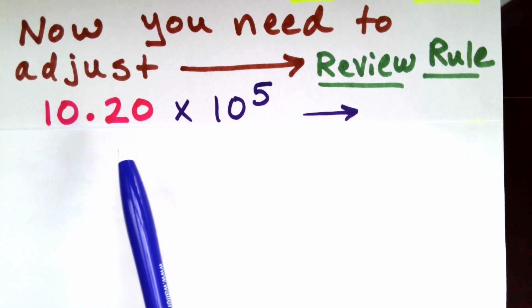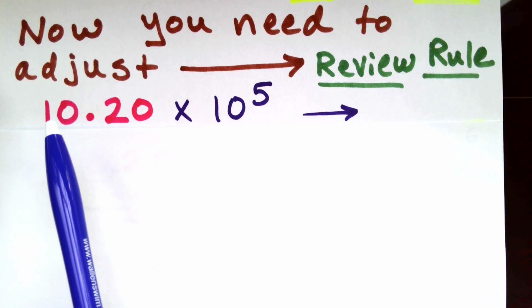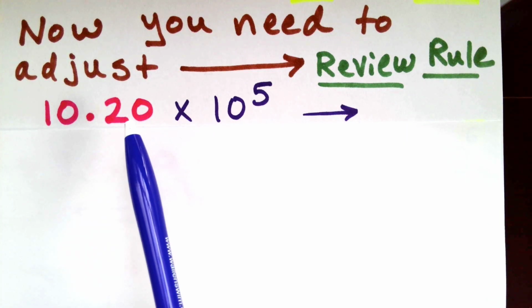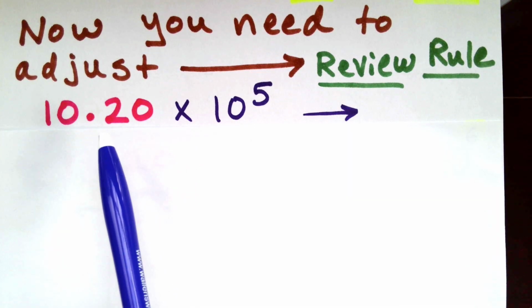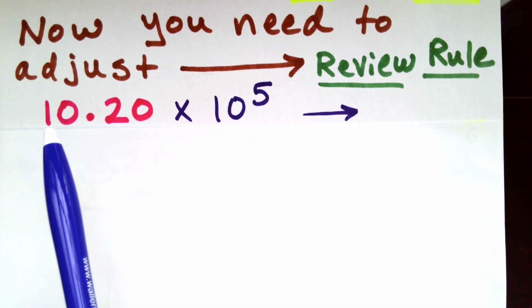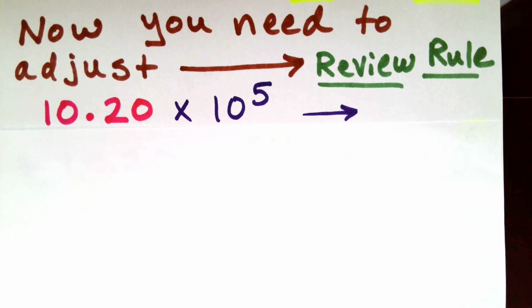So are you going to move the decimal to the right one, or to the left one? If you move it to the right, you're going to end up with a value of 102.0, and that's way larger than what we need. If you move it to the left, you'll have a value of 1.02, which fits the rule, a number between 1.0 and 9.9. Let's take a look. What does that look like?